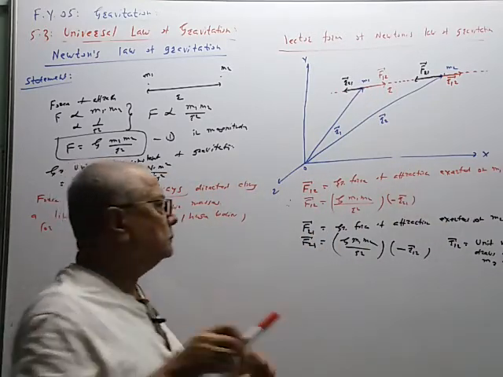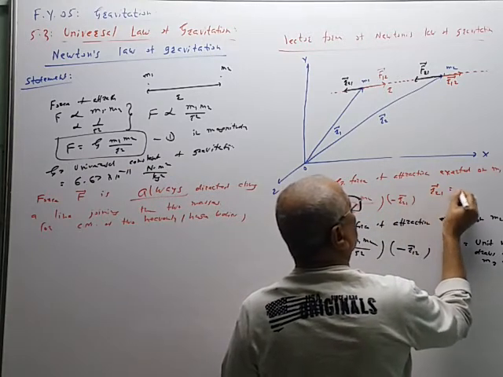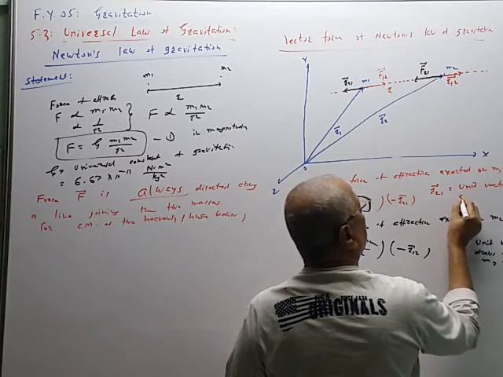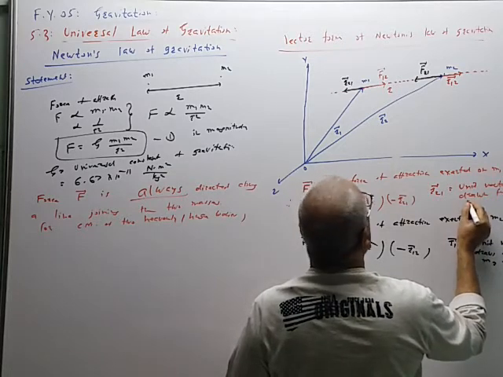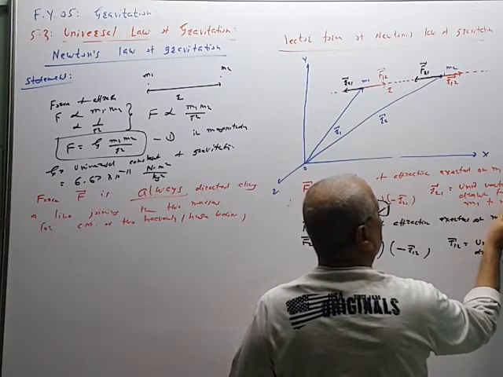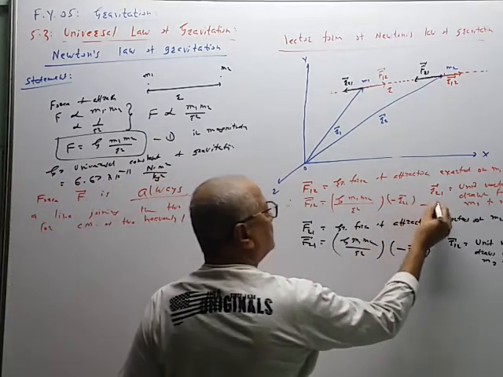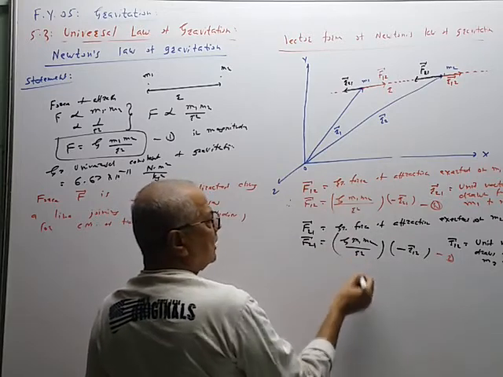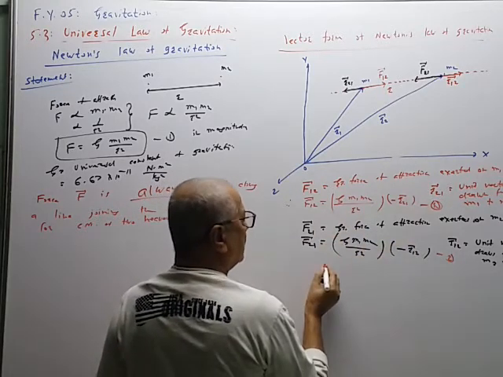And F21, r21, it is a unit vector drawn from, see the direction, it is directed from m1 to m2, like this. So this is a vector equation. This is equation 1. This is equation 2. So this G m1 m2 upon r square is common, and therefore these two vectors are in opposite direction.